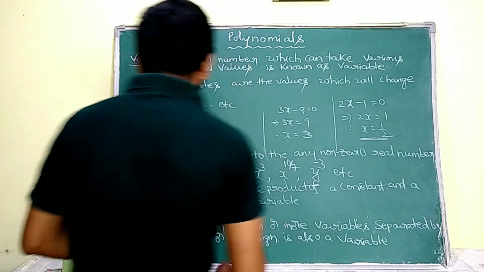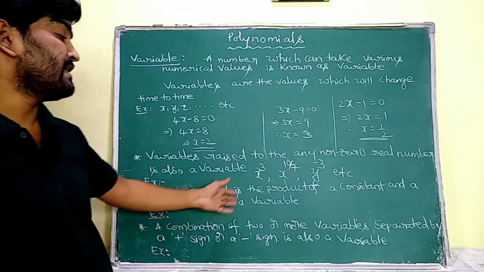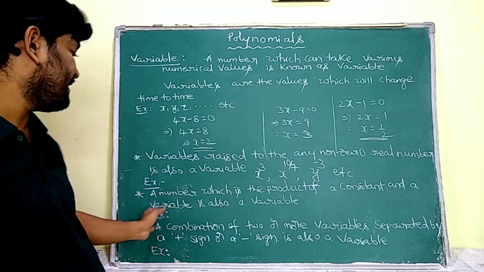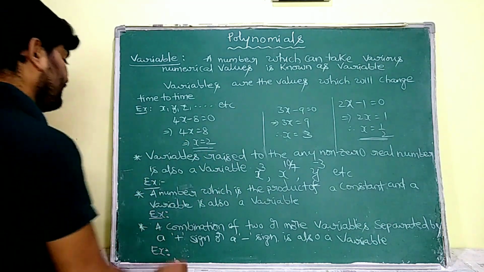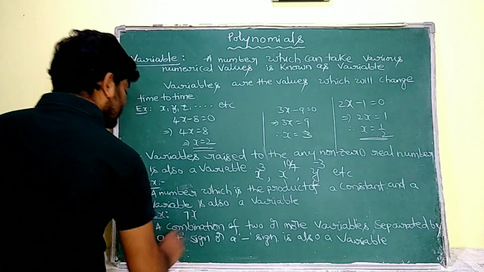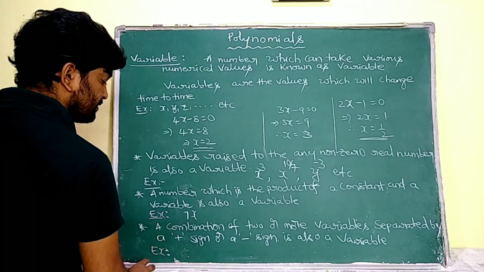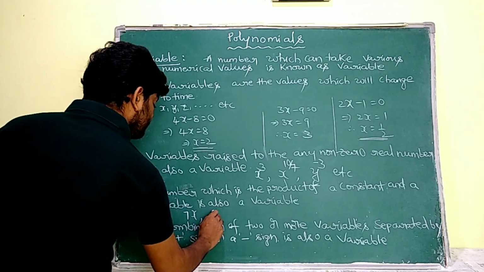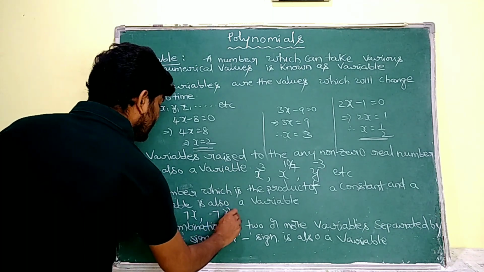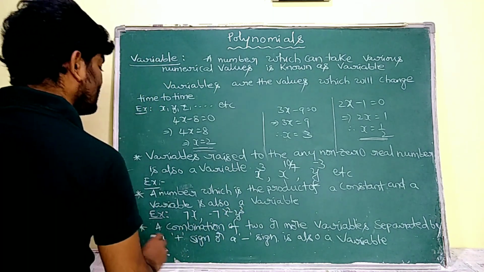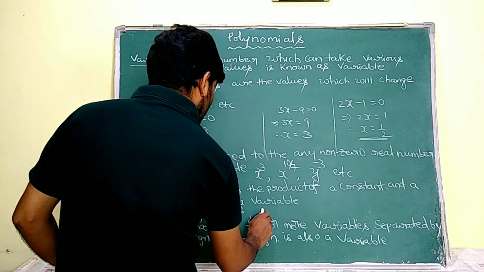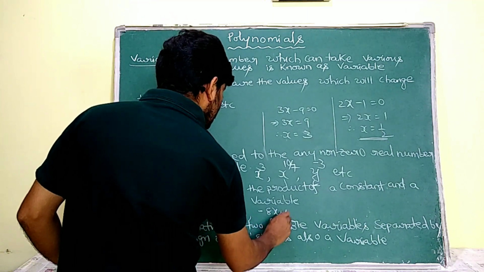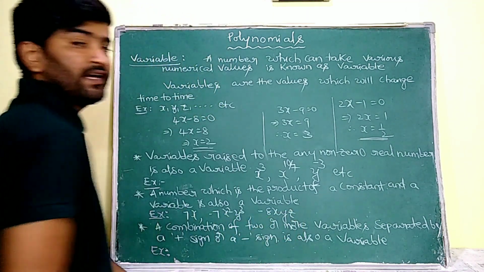Now a number which is the product of a constant and a variable is also a variable. For example, 7 into x. 7 is a constant, x is a variable. So 7 into x is a variable. Minus 7x square y cube is a variable. Minus 8xyz is also a variable.